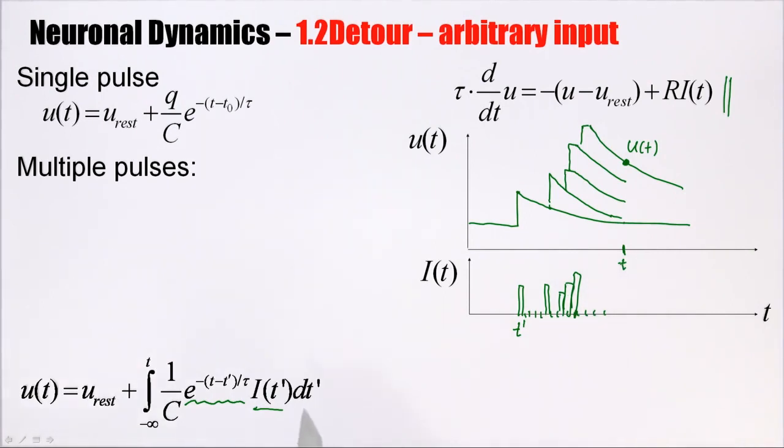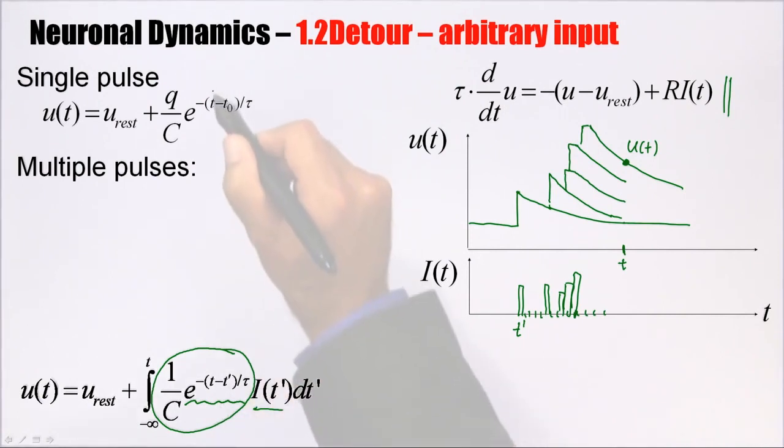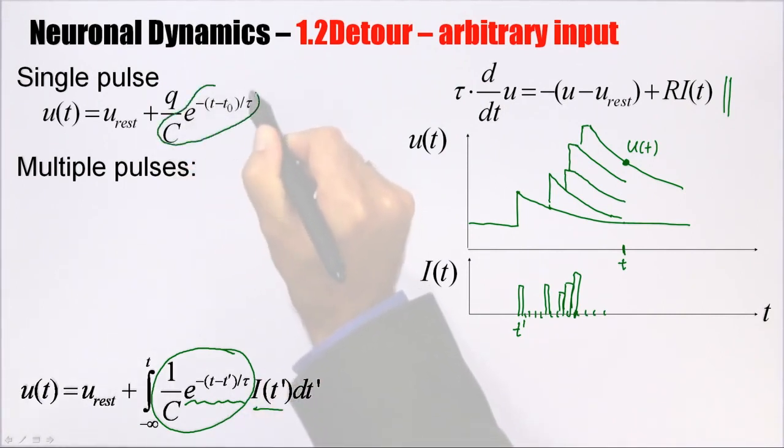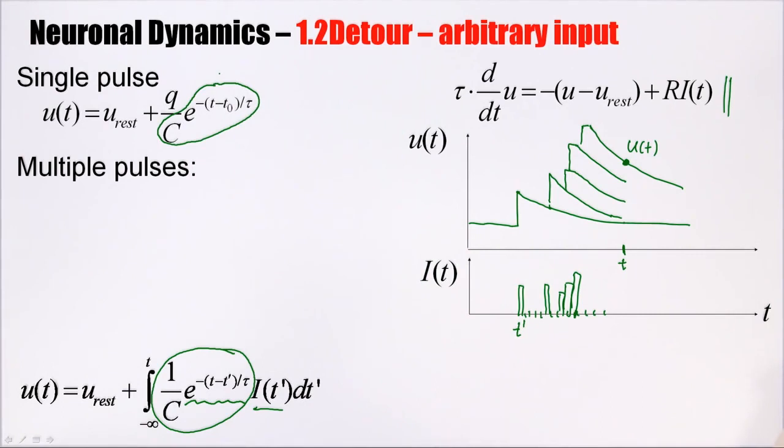Now, interestingly, this is the solution to the linear differential equation for arbitrary time-dependent input current. And what you have here inside the integral is just the response to a single pulse.